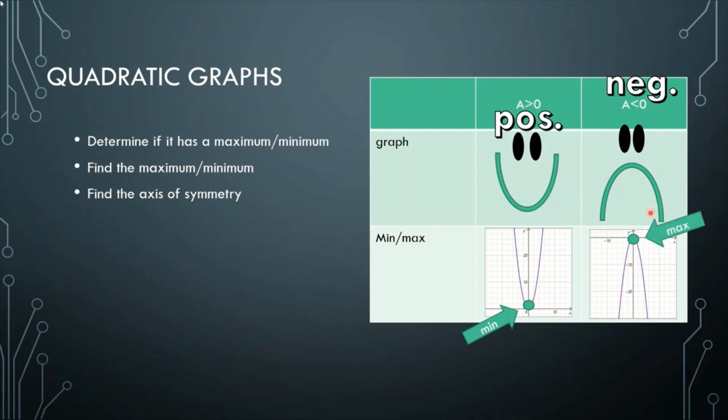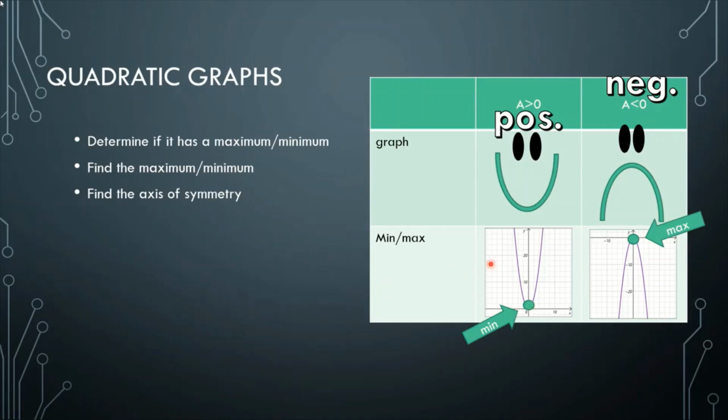This maximum and minimum is in reference to the y's on the graph. If you compare all the y values, this would be the highest with the second graph. With the first graph, what's on the bottom with the vertex is going to be the minimum. That's what it's referring to.